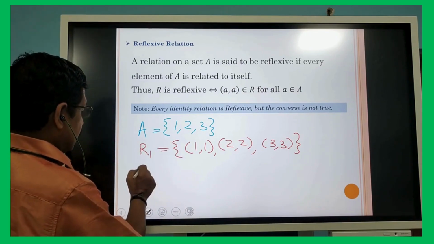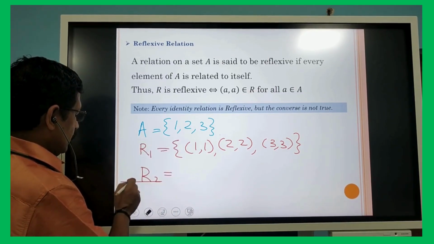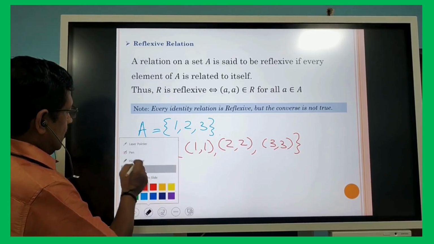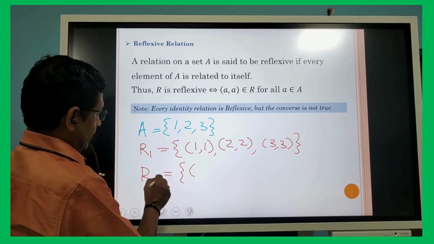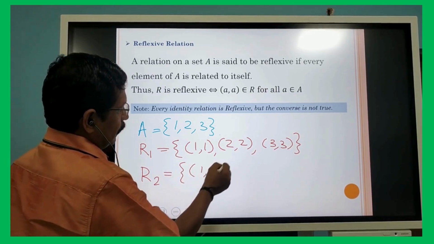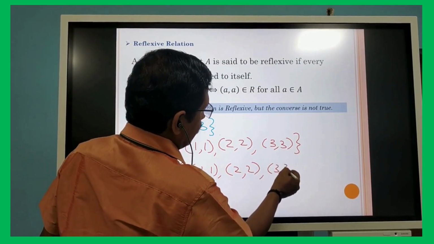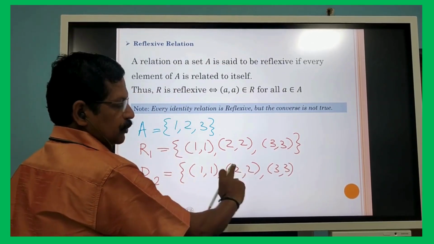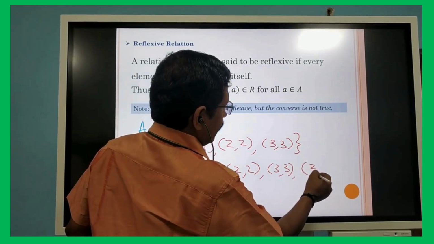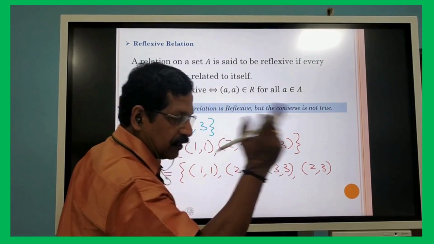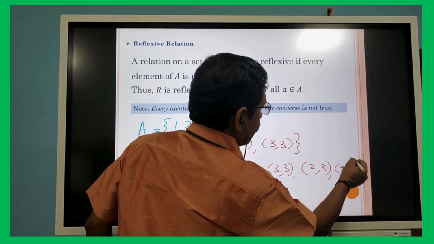Now I am taking the next relation R2. R2 is equal to the set of ordered pairs (1, 1), (2, 2), (3, 3). So 1 is related to 1, 2 is related to 2, 3 is related to 3. Then (2, 3) means 2 is related to 3, and (3, 1) means 3 is related to 1.